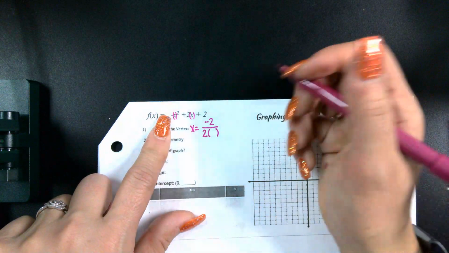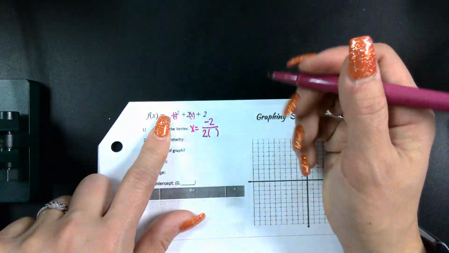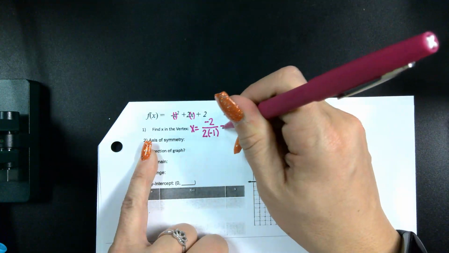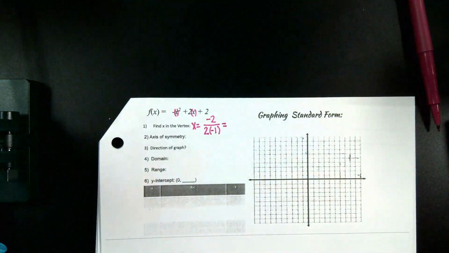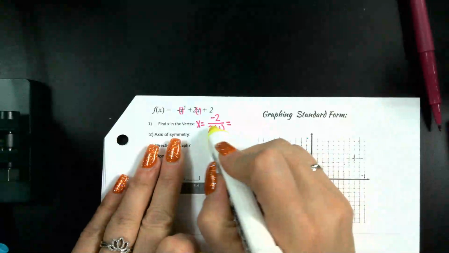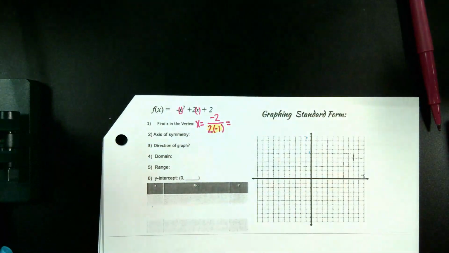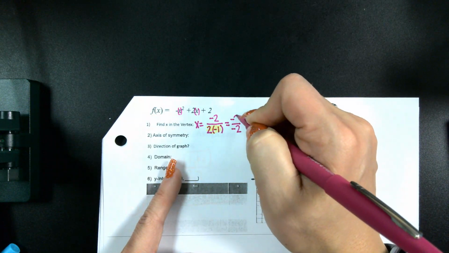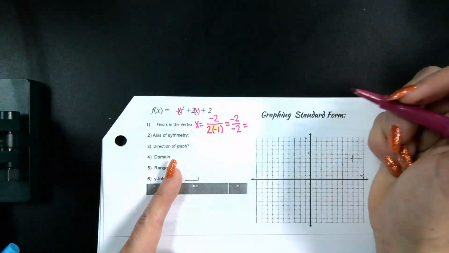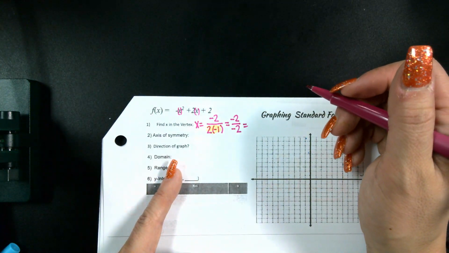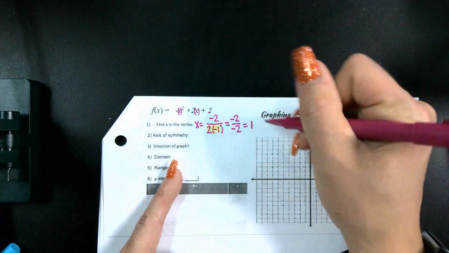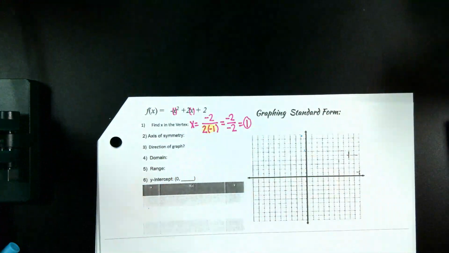If it's just a negative sign, it's -1. And then what is 2 times -1? It'd be a -2 on the bottom. And -2 divided by -2 is +1. So there's your X.